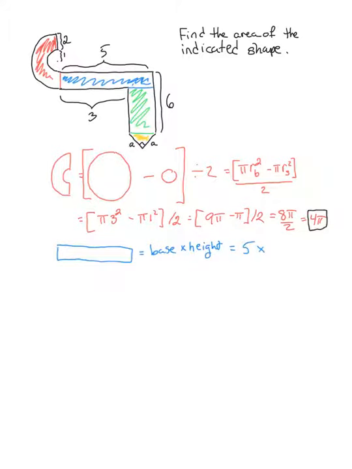And the height, we've got to think about it. It tells us that this spot here is 2, and we're going to assume that this is the same measurement here. So the height for this shape is going to be 2 as well. So we have 5 times 2, which will give us 10.